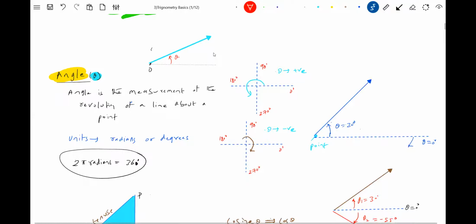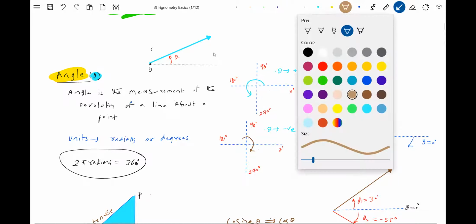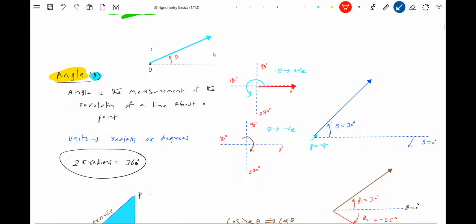After this, we can measure this angle clockwise or anti-clockwise. Suppose there is an arrow, or the reference line, and I'm going to rotate it counterclockwise, and we take the x-axis as 0 degrees. Sir, how can you take the x-axis as 0 degrees?